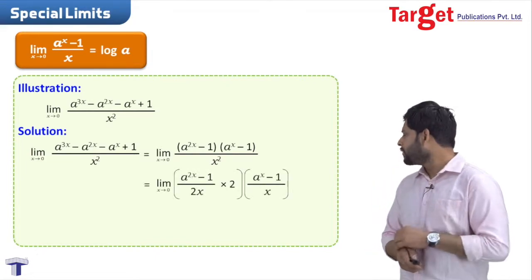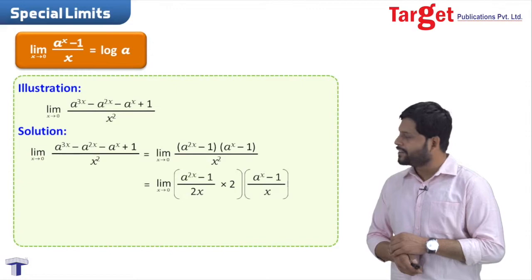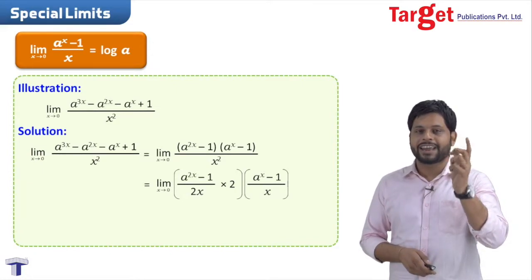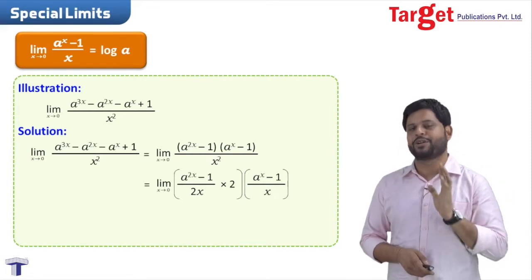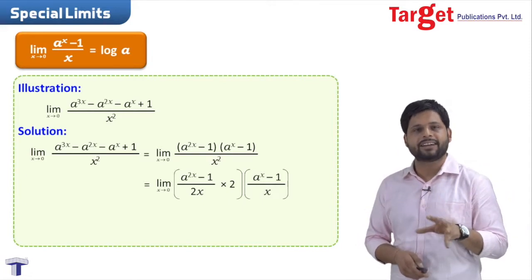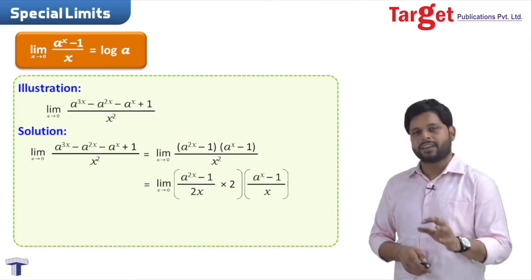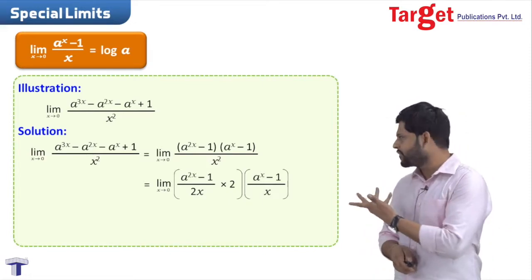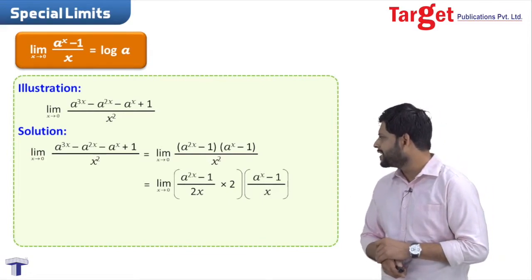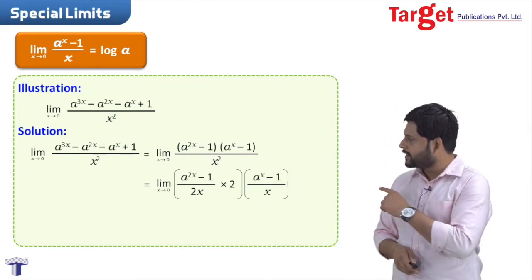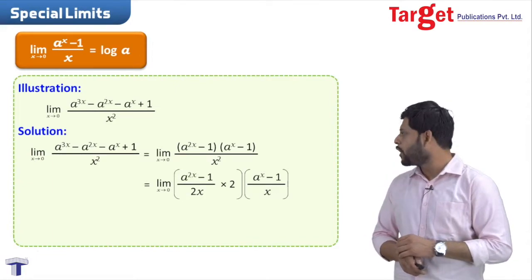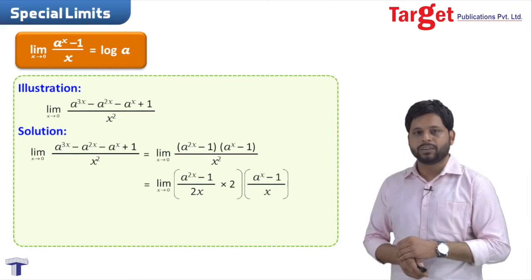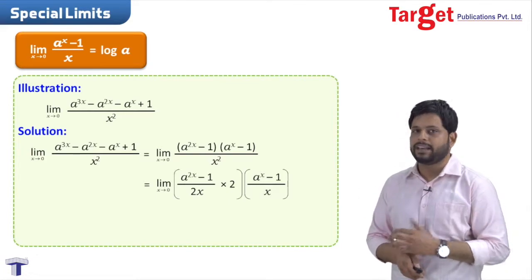Okay, so what we are getting here is, in the first function we are having 2x in the power, and we need to have 2x in the denominator also. Now you are understanding the concept easily, right? The same thing I am doing here, that is multiply by 2, divide by 2, and the second function is the formula itself. So the first one gives you the answer log a, and it will get multiplied by 2, and in the second function the answer will be again log a.